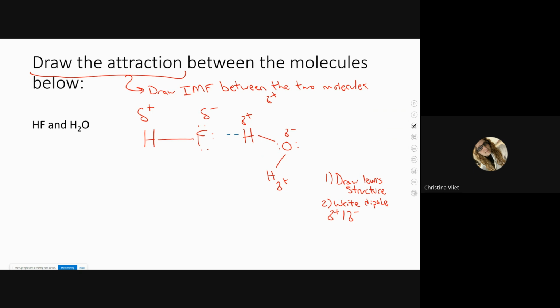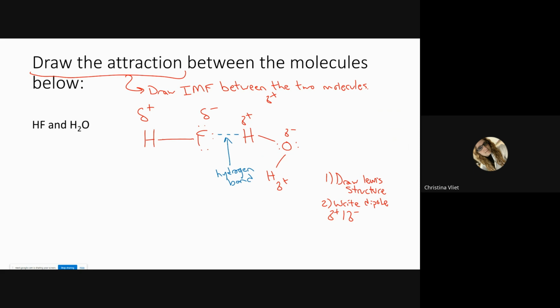The attraction is this line that I'm writing. This right here is the hydrogen bond. So this is what you would have to do. Believe it or not, this is a type of question that shows up on an AICE chemistry exam and would be worth 3 or 4 marks to be able to show this process. It's not too complex if you understand what's going on.